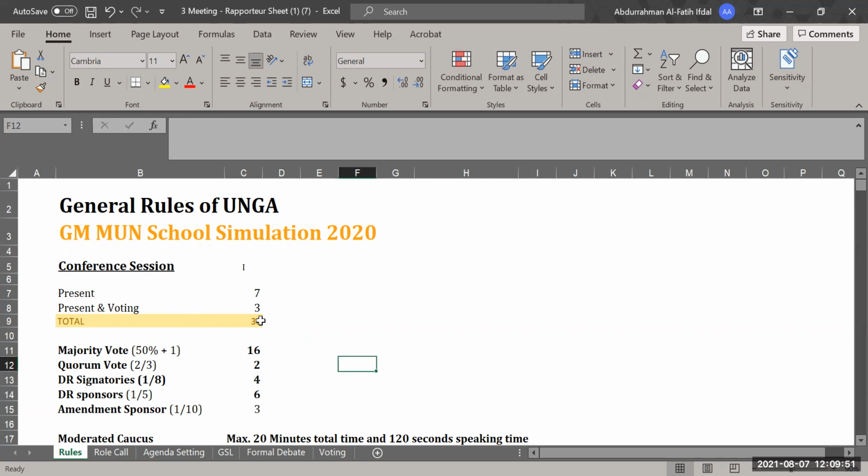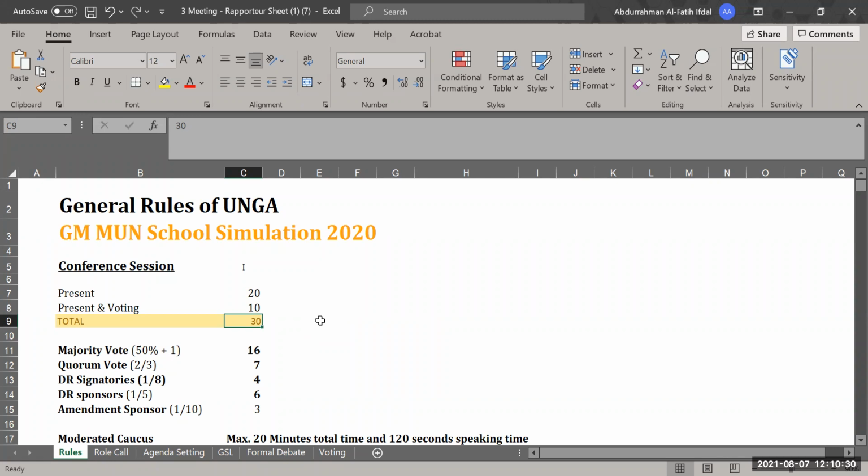Now, let's say the composition of the 30 consists of 20 delegates present and 10 delegates present and voting. The accumulation of both is totaled at 30. So whenever we refer to the total delegates, it means the present delegates plus the present and voting delegates.